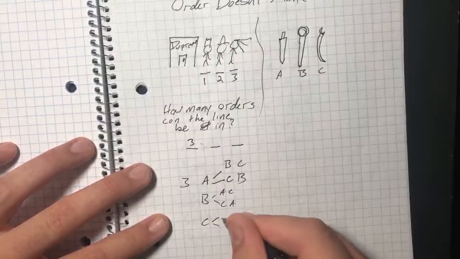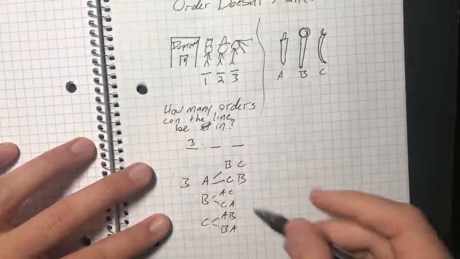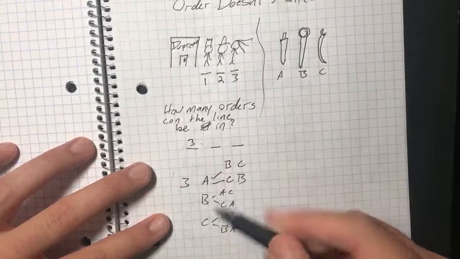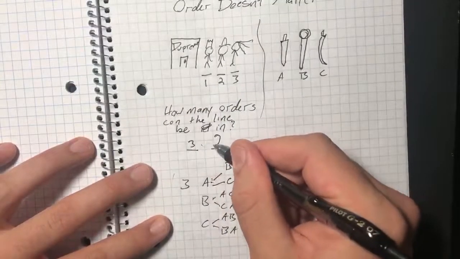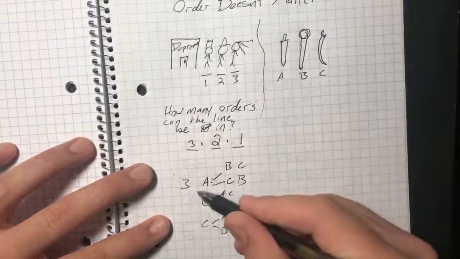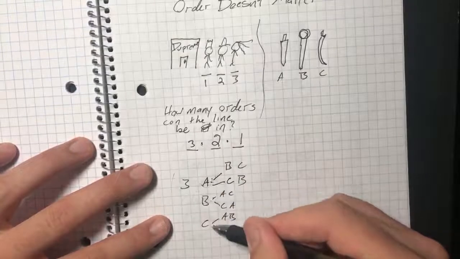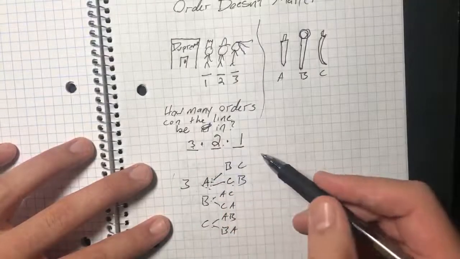And so what I'm doing here, AB, BA, is listing all the possibilities. And notice, it's the 3 people times 2, right? And so we could potentially have 2 dudes right here, and then there's only 1 person left, and we multiply them. The reason why we multiply is it's 3 of these times the 2 things they make, or 3 times 2 times 1.